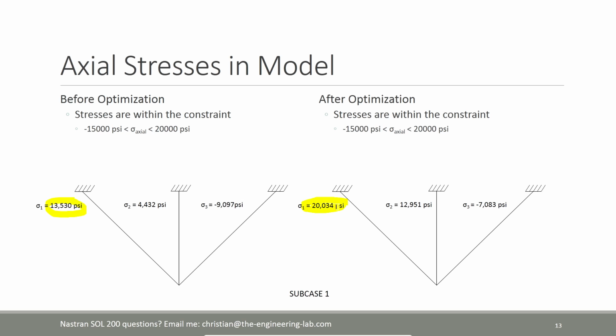So here it hit 20,000 psi, which is the upper bound for the axial stress constraint. The other ones are still within the limits, so those are satisfactory. And I wanted to point this out just so you think later on that there could potentially be one of your design constraints that has the ceiling touched.